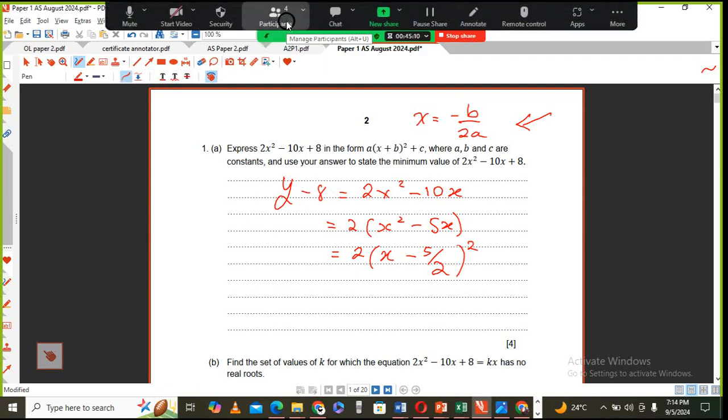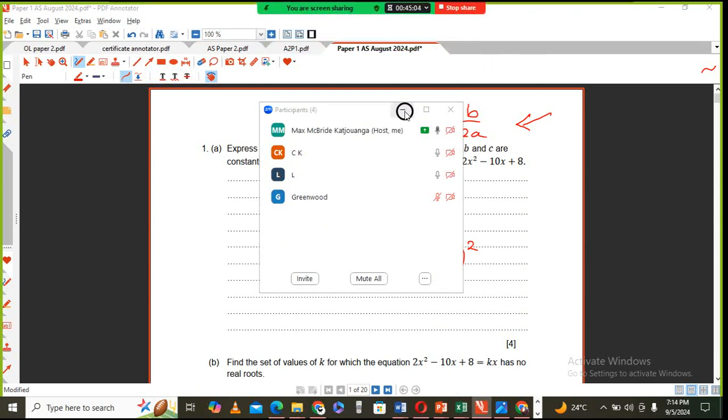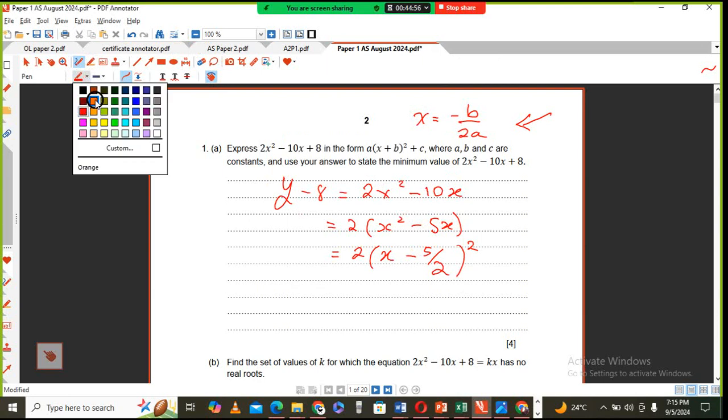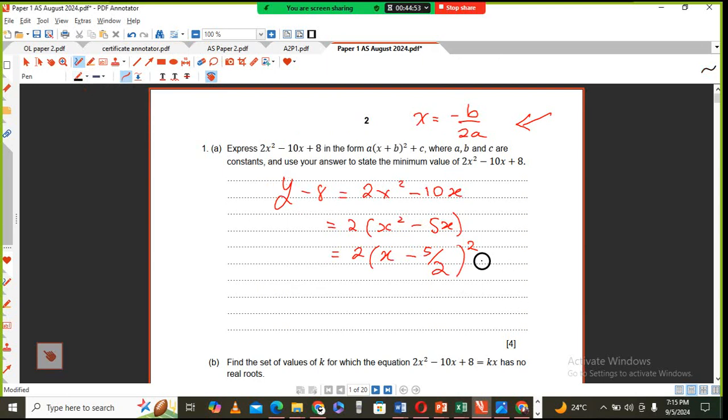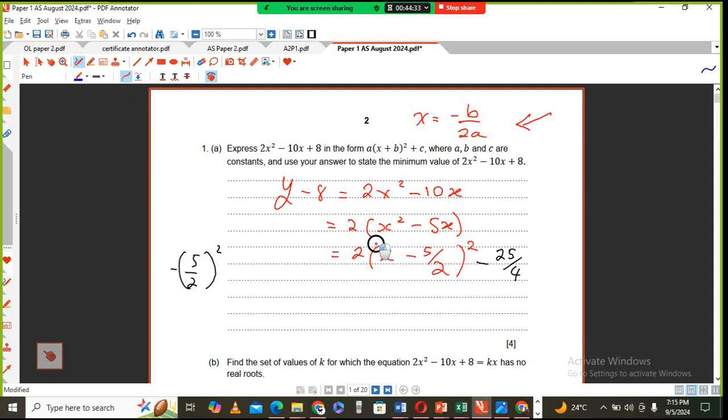So you can still use that. You have to work a bit smarter. But anyway, if you were to multiply out this expansion, you will have to do something. Because when you multiply out, you get the 25 over 4, so you have to remove 25 over 4. Before I bring back my 8, I will multiply this thing here by 2.